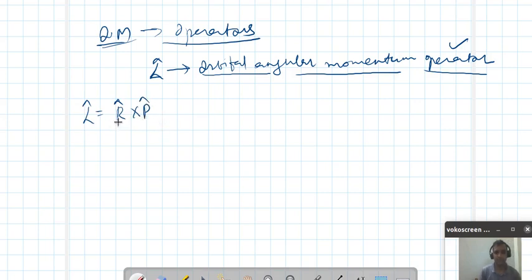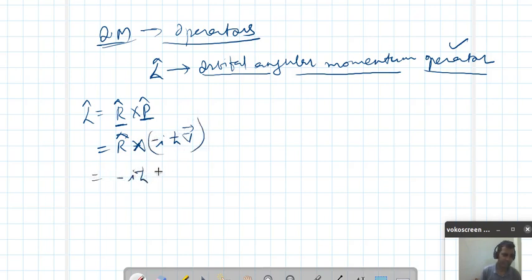Here r is the position operator and p is the momentum operator. But as I know, r will remain as it is, while the momentum operator is minus i h cross del, right? So that means minus i h cross r cross del. This is one way of looking at it.